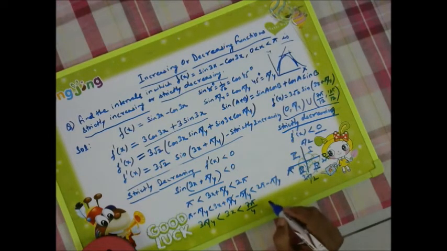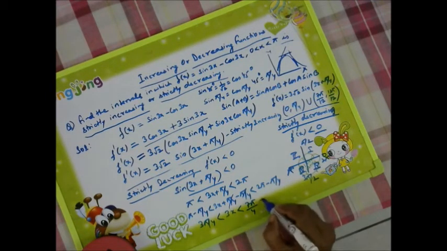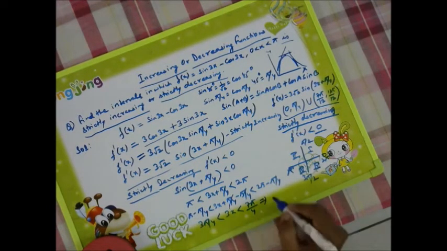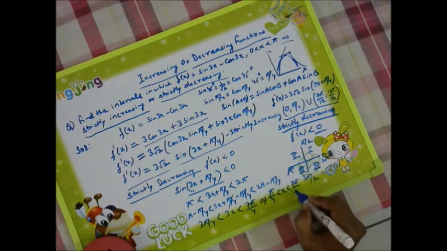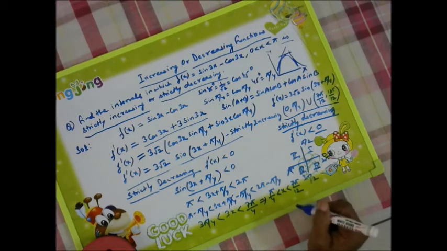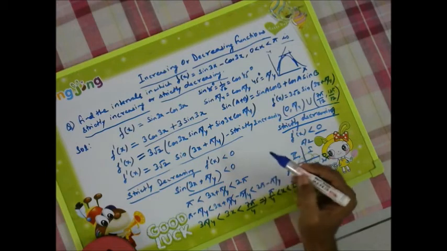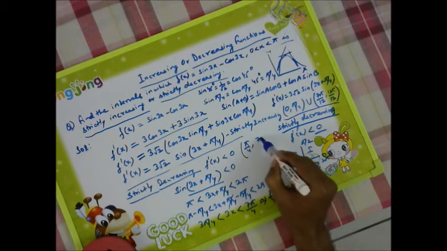Now we have to divide by 3 so that we can make it x. Dividing by 3, it will be pi by 4, x, and 7 pi by 12. So the first interval for this one is between pi by 4 and 7 pi by 12.